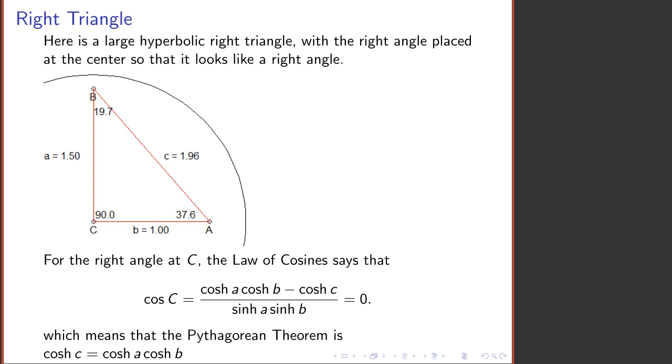But the angle at C is a right angle. So the quantity given by the cosine of C must be equal to 0, and that means we've got the Pythagorean theorem. It's exactly the same as the Pythagorean theorem in spherical geometry, except we use hyperbolic cosines instead of ordinary cosines.